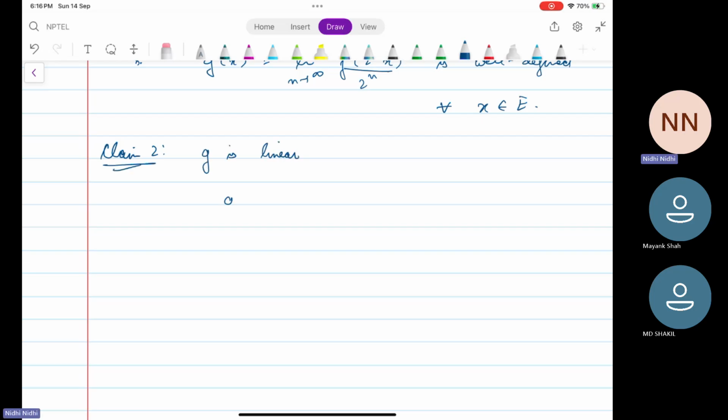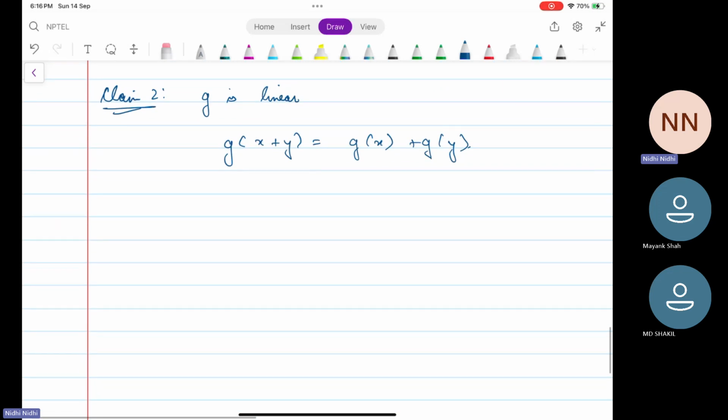You can start with showing that g(x plus y) will be equal to g(x) plus g(y), and then for scalar multiplication, you'll have to start with some alpha x, where alpha is 2 to the power n. Basically, you'll be using the almost linearity condition.